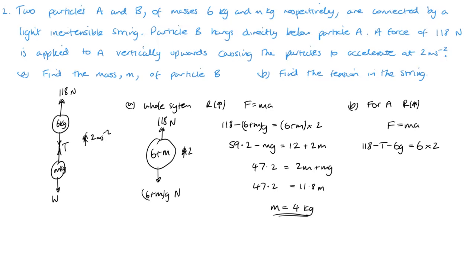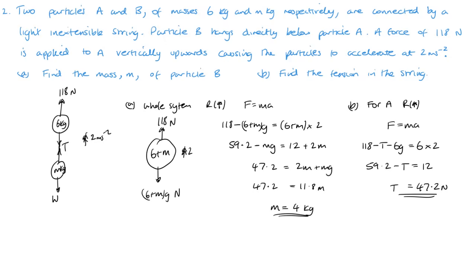So 118 minus 6 times 9.8 gives me 59.2 minus T equals 12. So taking T to the other side, 59.2 minus 12, we get 47.2 newtons, a figure we're already familiar with.